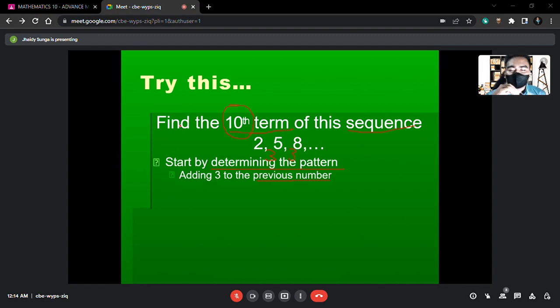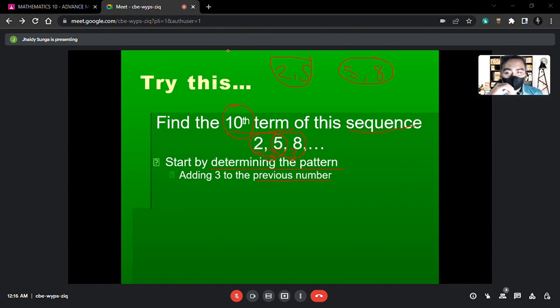Let me answer. In each pair of terms, the first pair would be 2 and 5, and the second pair would be 5 and 8. What is common to these two pairs?